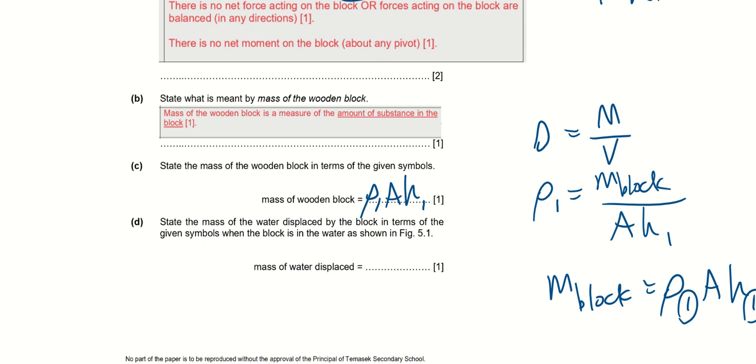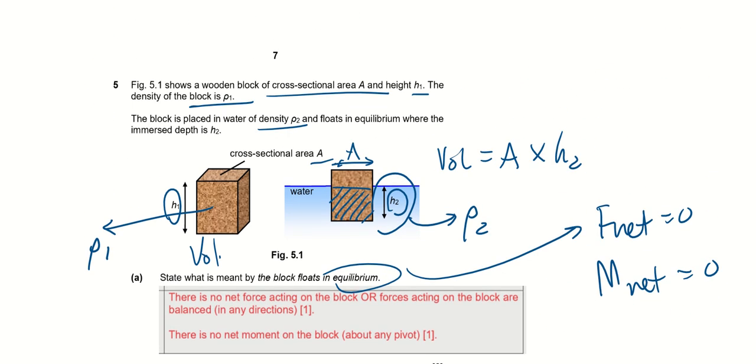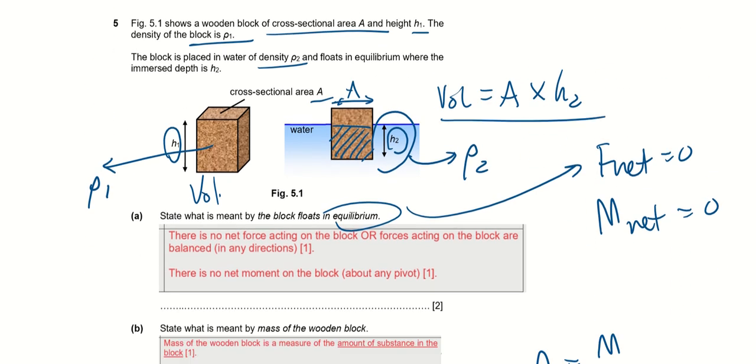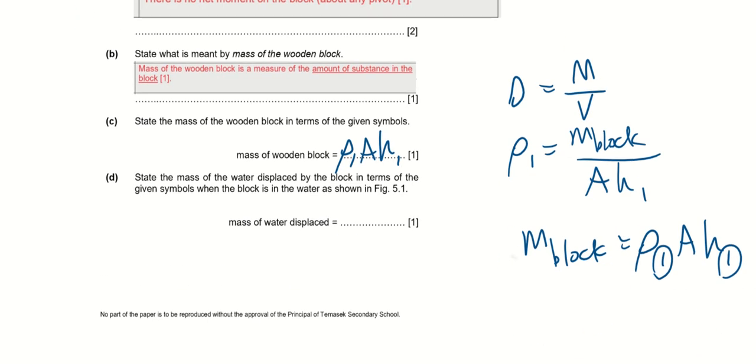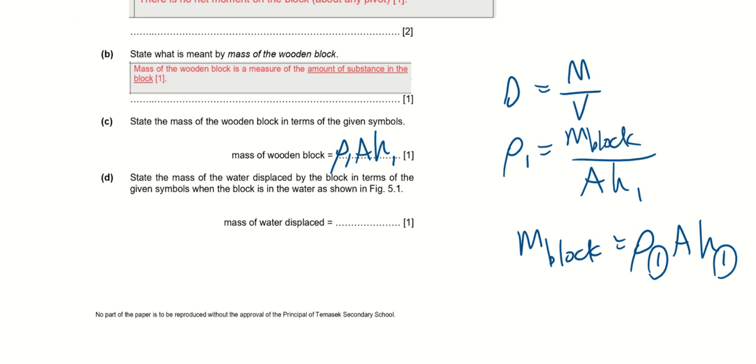Okay, but they want the mass of water displaced. So let me do my calculation again. The mass of water displaced: density 2 equals mass of water over volume of water displaced.